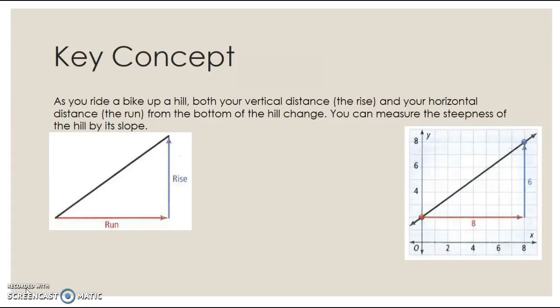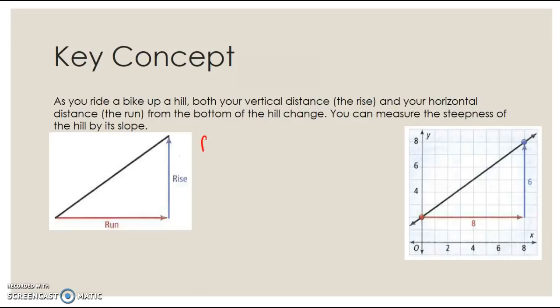As you ride a bike up a hill, both your vertical distance, or the rise, and your horizontal distance, the run, from the bottom of the hill, so if we use this as our hill, change. And so you can measure the steepness of the hill by its slope.